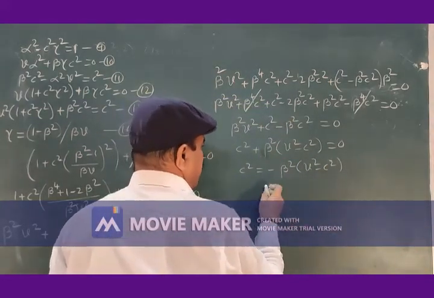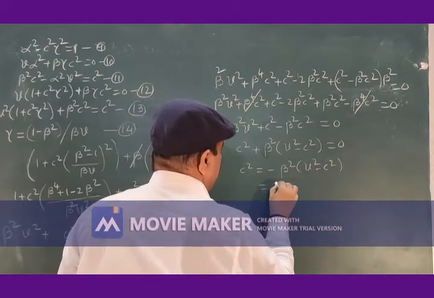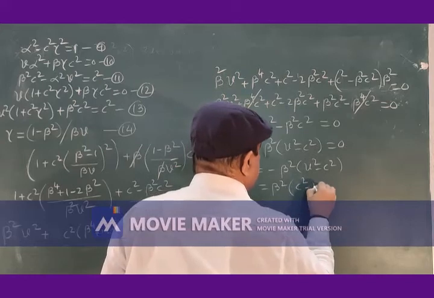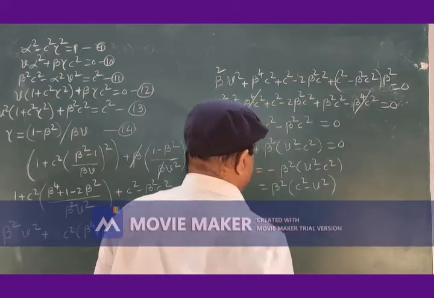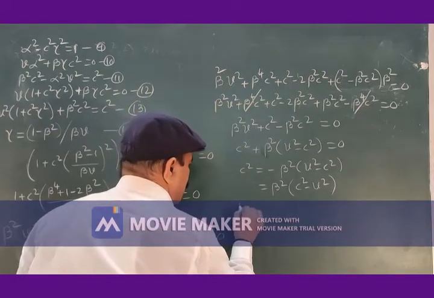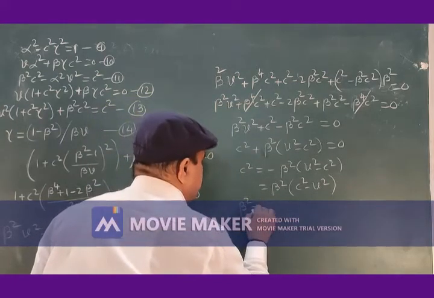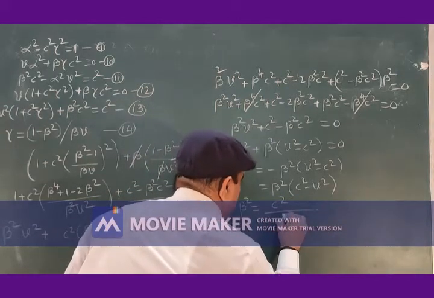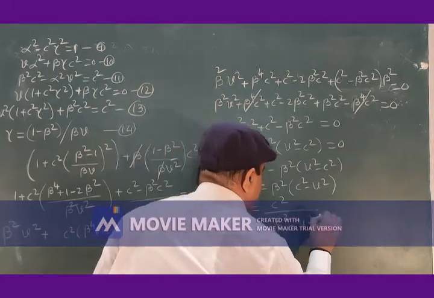Transfer this minus sign inside, it will become beta square into c square minus v square. Transfer this bracket to this side, so we will have beta square is equal to c square divided by c square minus v square.